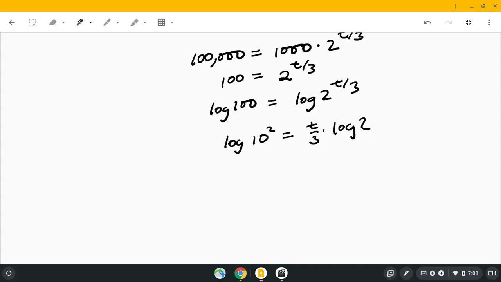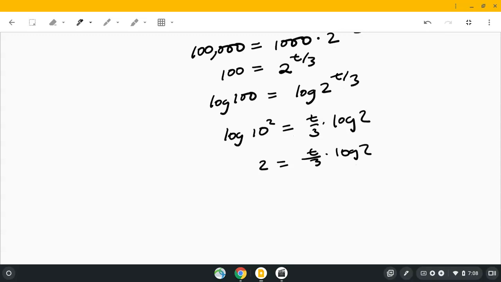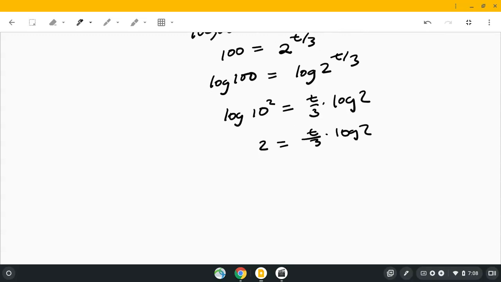Over here, I'm going to simplify this. You can use your calculator the whole time through, but I like to do as much by hand as possible. So this is actually going to be 2, t over 3 times log 2. Now I'm going to multiply both sides by 3 to cancel it, and then divide both sides by log 2.